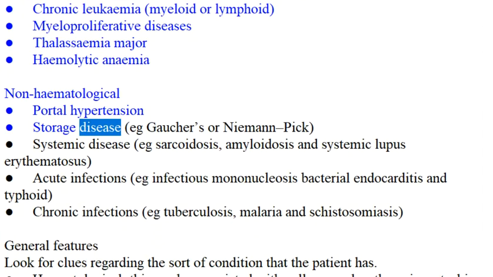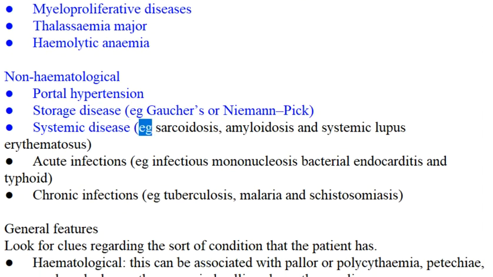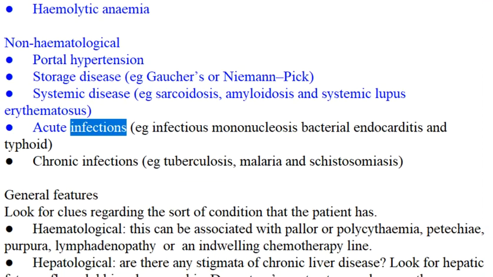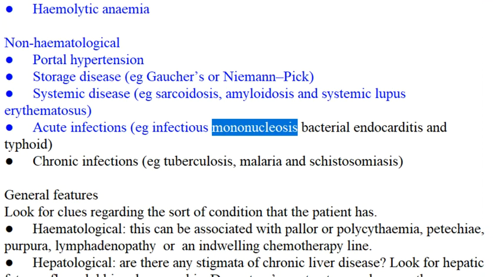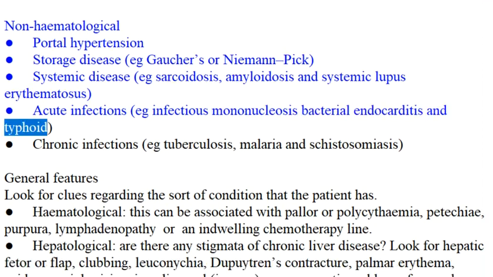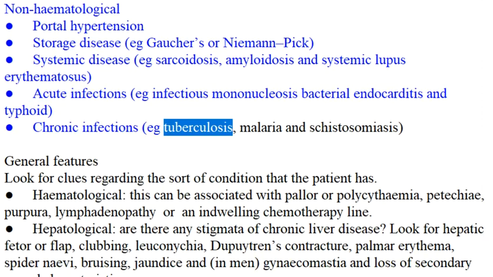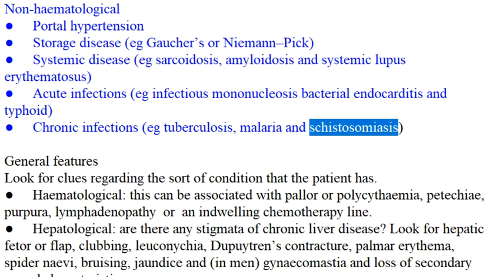Storage disease, e.g. Gaucher's or Niemann-Pick. Systemic disease, e.g. sarcoidosis, amyloidosis, and systemic lupus erythematosus. Acute infections, e.g. infectious mononucleosis, bacterial endocarditis and typhoid. Chronic infections, e.g. tuberculosis, malaria, and schistosomiasis.